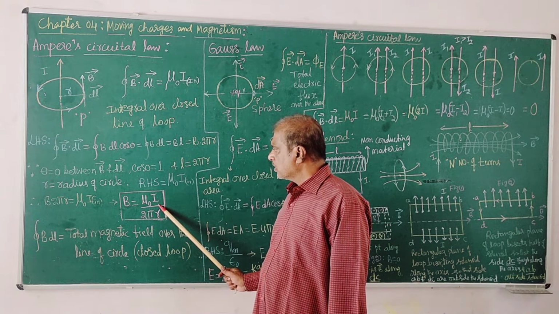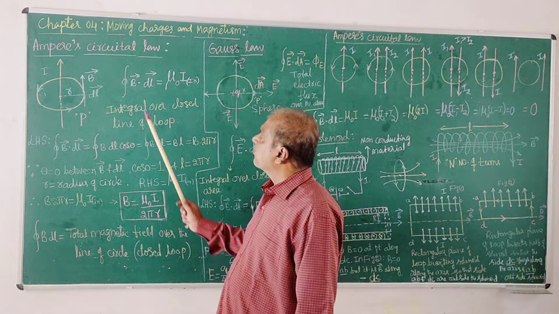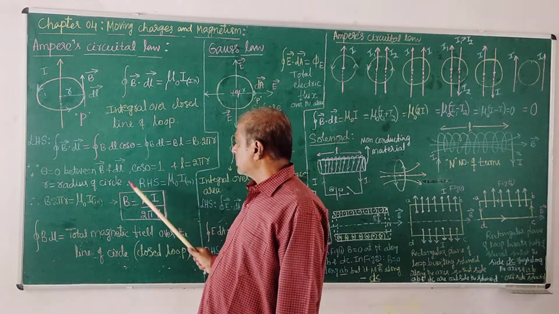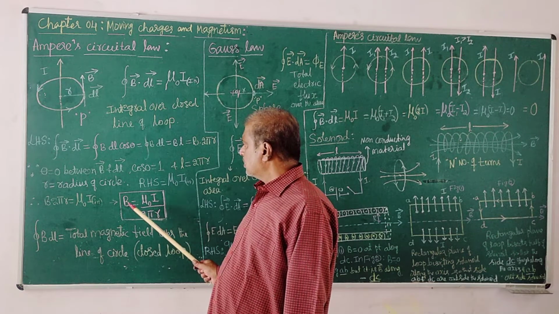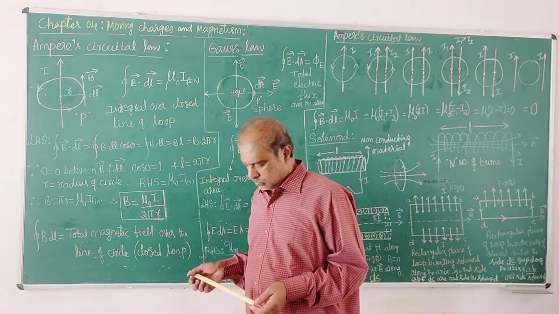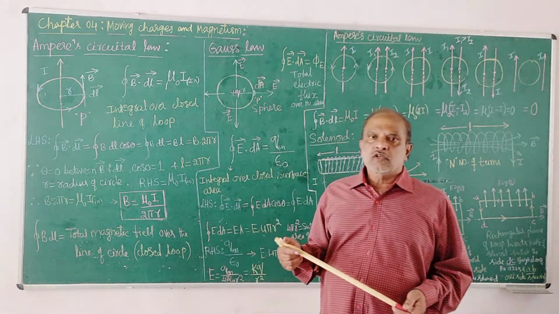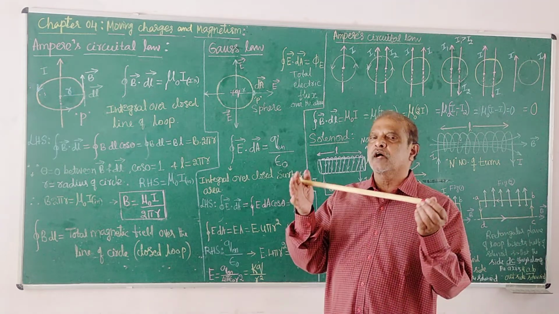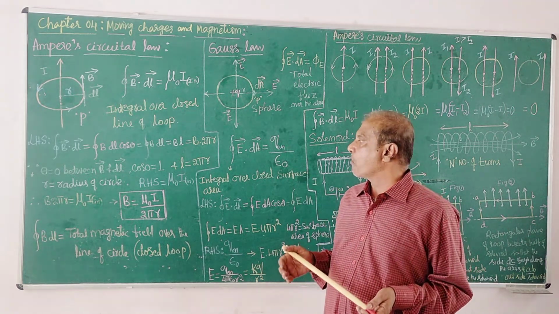This is the expression for the magnetic field at this point. So this is how we arrived at this expression. We got the same expression in the previous class using Biot-Savart's law, followed by mathematical derivation.